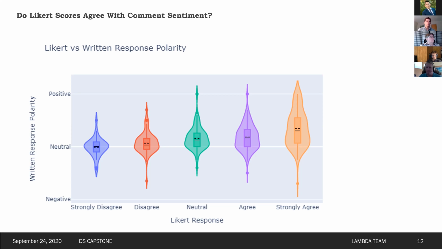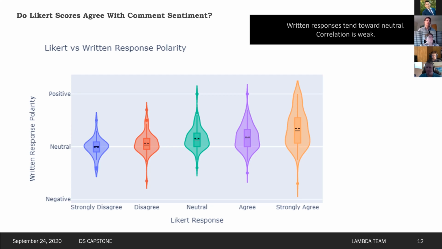For each Likert response option, strongly disagree, neutral, and so on, we have a violin plot, and it represents the density of the polarity of the responses that came with it. Where the violin is wider, we have more responses at that polarity.